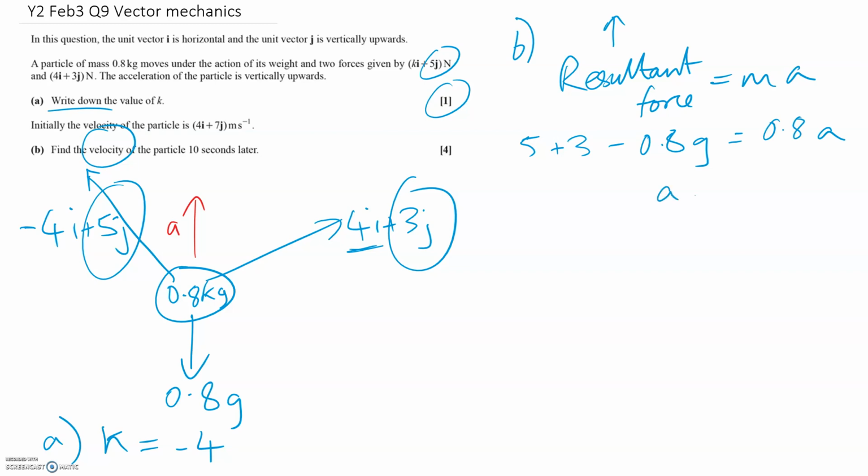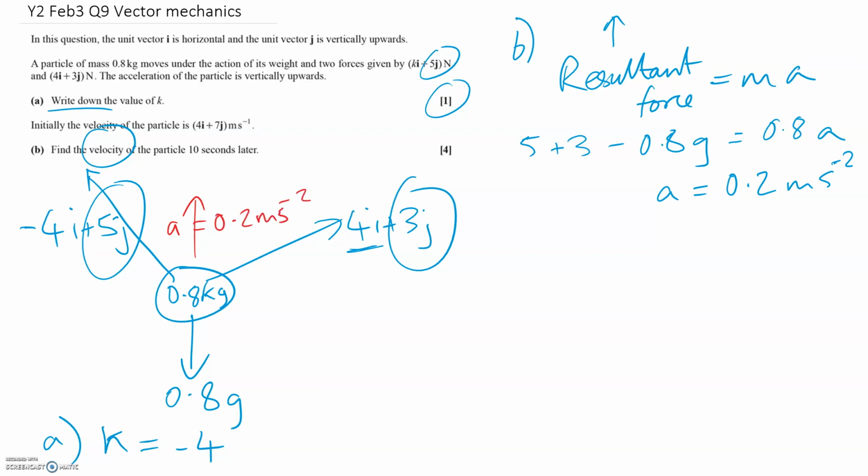Typing this into the calculator will give an acceleration of 0.2 meters per second squared. So that is the acceleration vertically upwards.